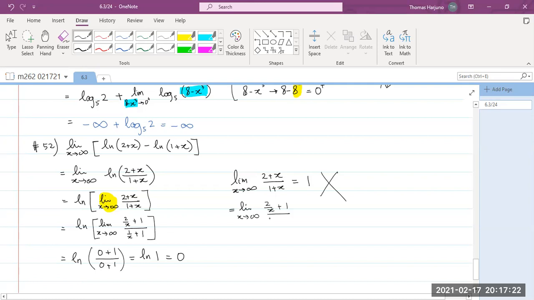Divide the top and the bottom by x, such that when you replace x by infinity, once the limit disappears, it means you replace the variable x by infinity. Now, when you replace x by infinity, this becomes 0, this becomes 1, this stays 1, this is 0, this is 1. Okay? Now, what's wrong with this argument, Thomas, if I show it this way?